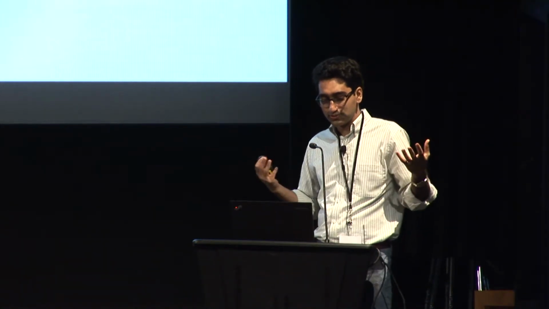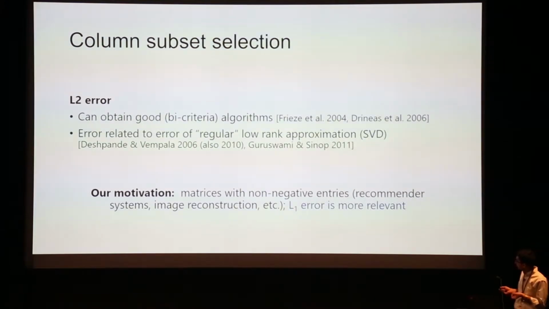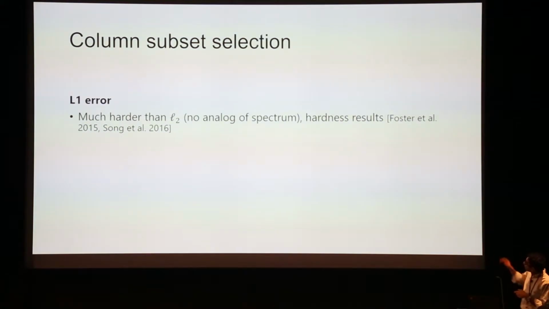If you have a very spread out vector, it turns out to be really small in L2 norm, so just approximating it by 0 is usually quite good. So we were looking at applications where L1 error was much more relevant, and entries were all non-negative. But it turns out that L1 error for column selection makes it way harder.